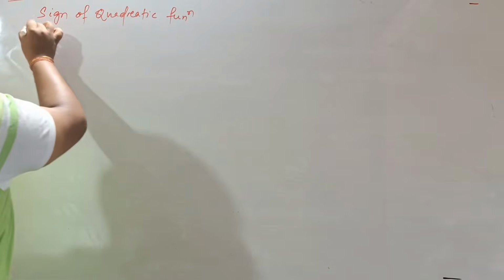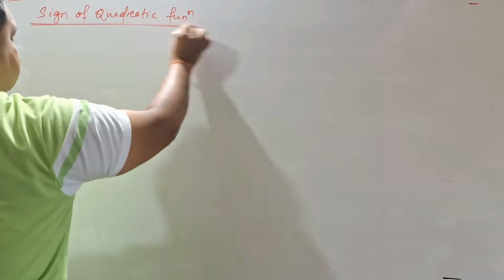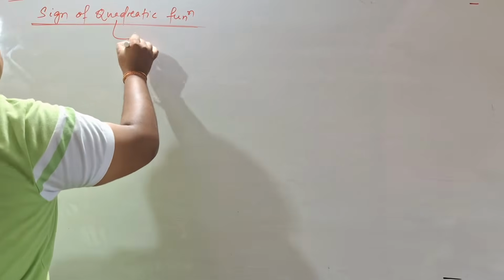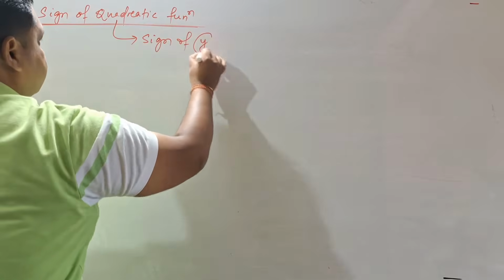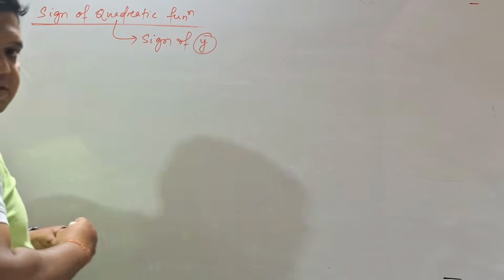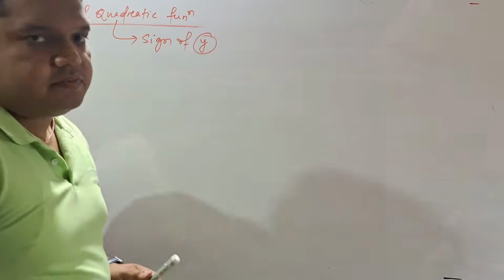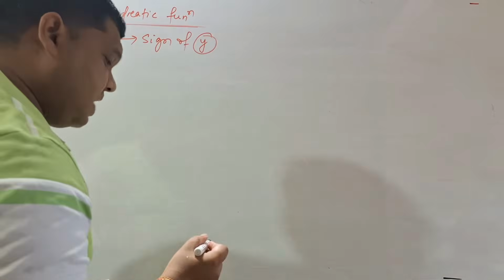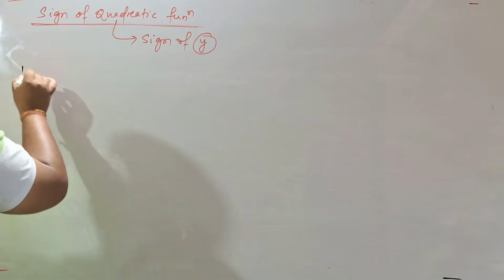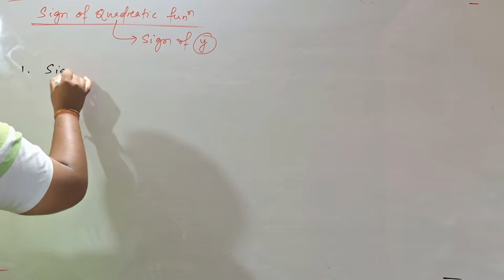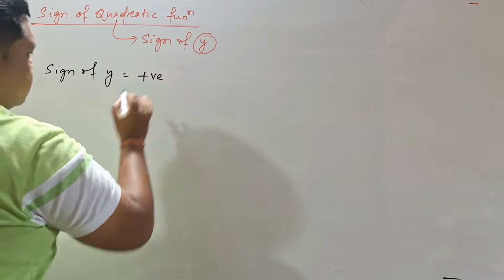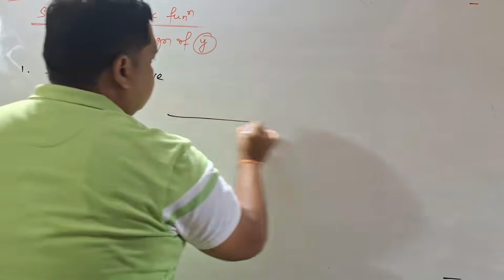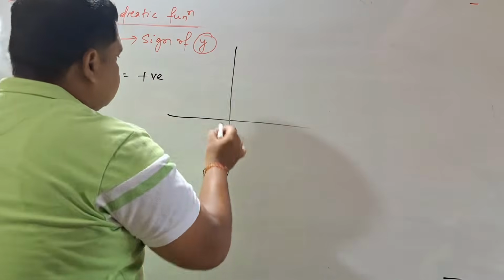Acha, the sign of a quadratic expression means what? It means the sign of y, the sign of the y value. So here you have only two cases: either the sign is positive or negative. First, if the sign of y is positive, the graph looks like this.